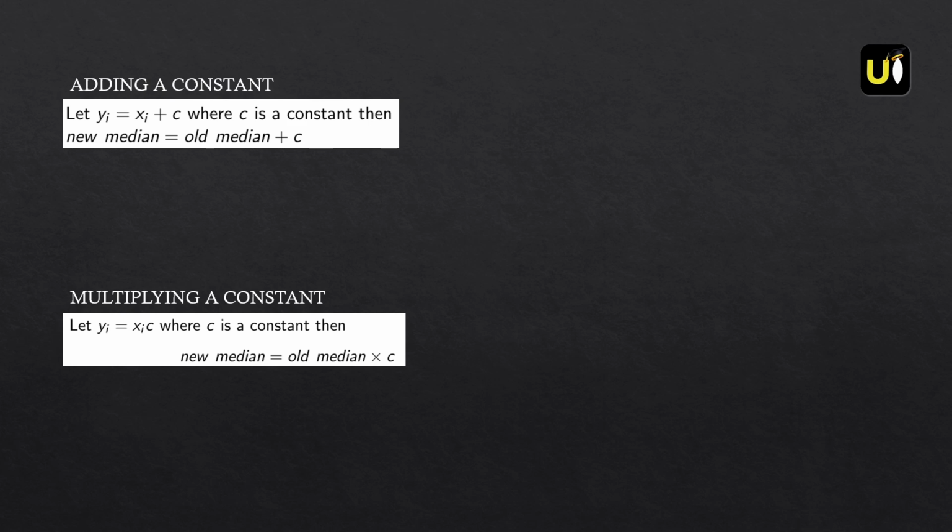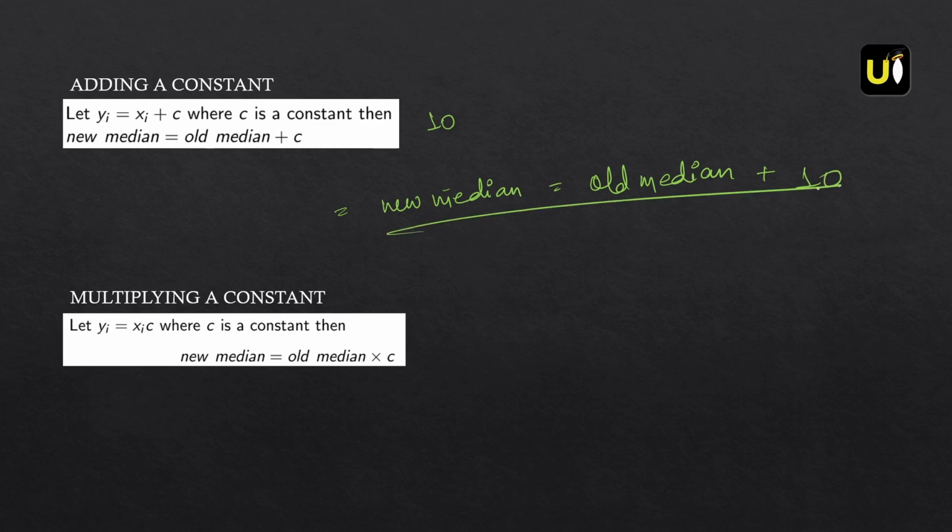If we add a value, suppose we add 10, the new median will be the old median plus the constant added, that is 10. So you have to remember it.